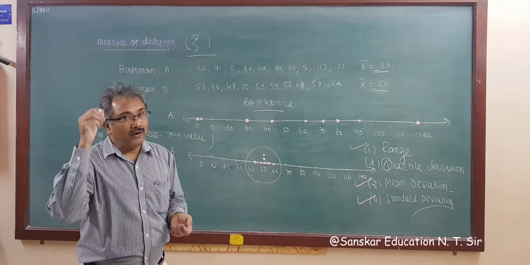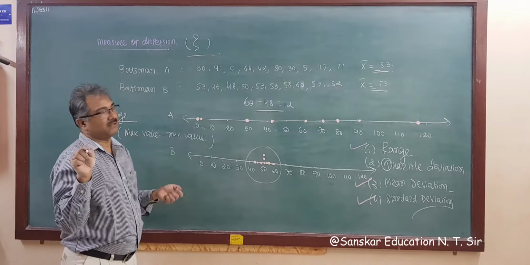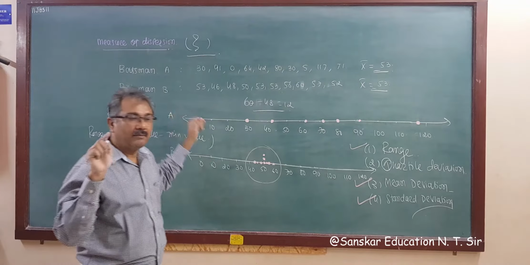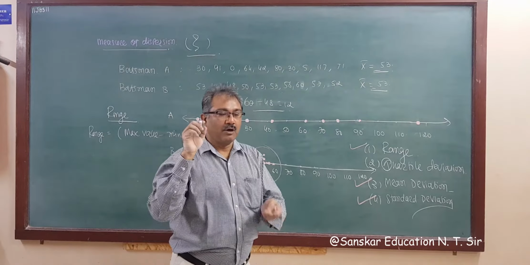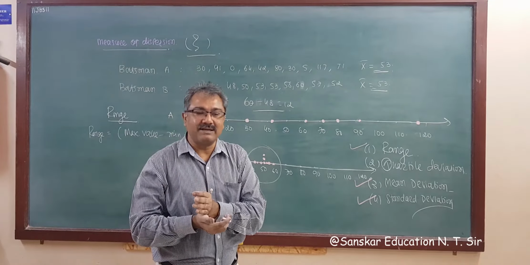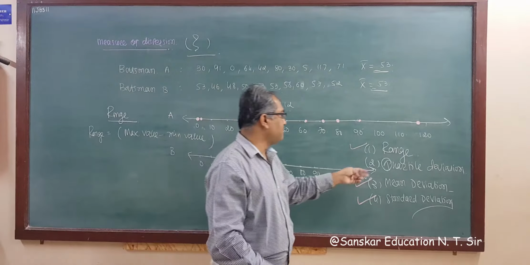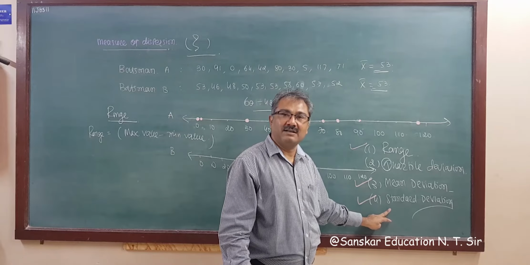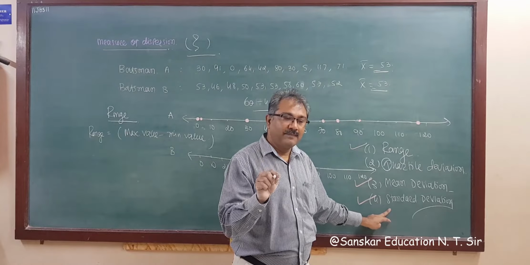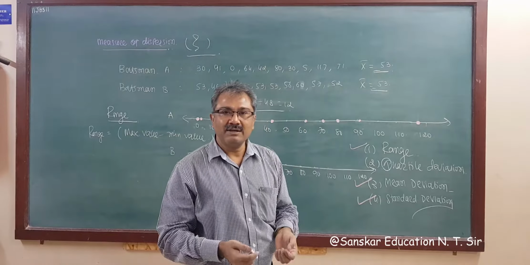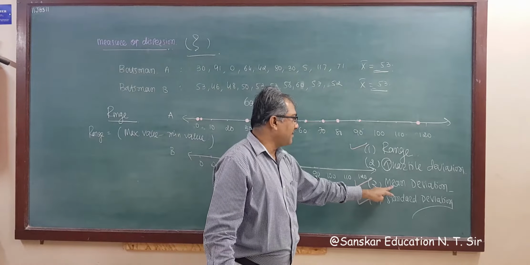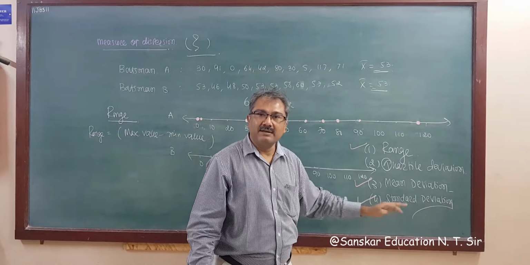So the important measures for this are the mean deviation and the standard deviation, and we are going to learn these. We will now discuss mean deviation and standard deviation.